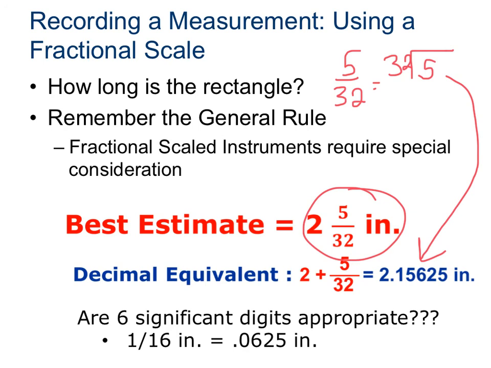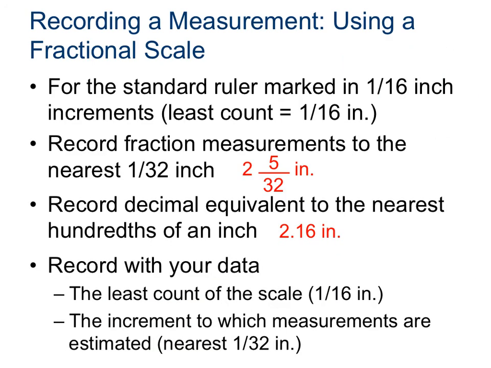Then it's asking you, is 6 significant digits appropriate? Do you want a number that is this long? Basically what it's telling you is no, you want to round it to the nearest hundredths of an inch. Again, when you're talking about precision, you know that it's more than a 16th, but less than something else. So that's why you would pick the 16ths.